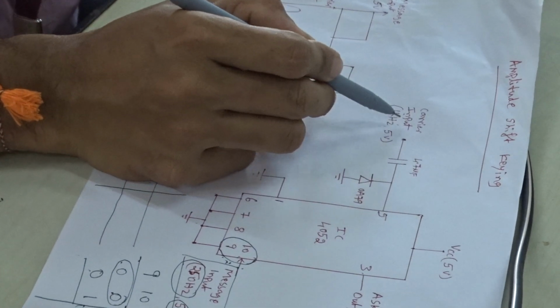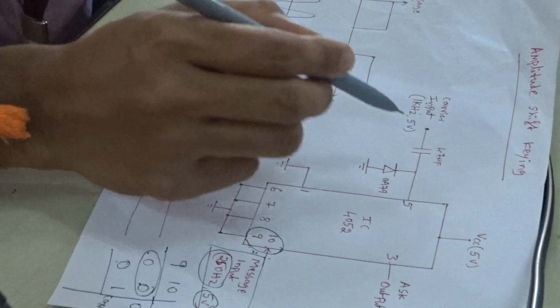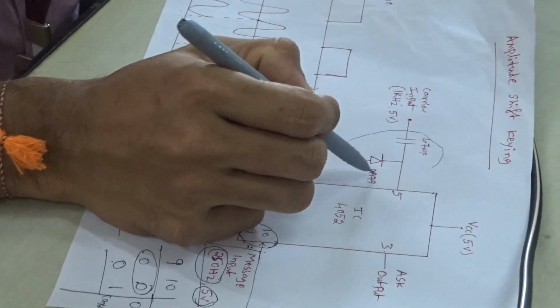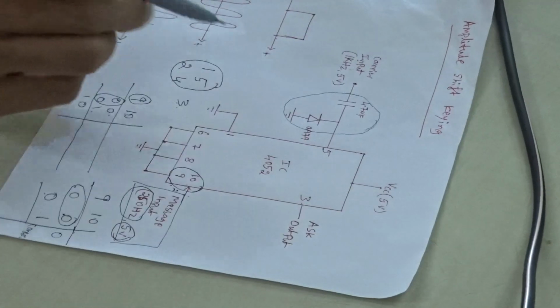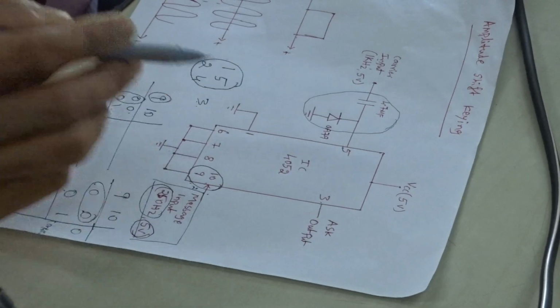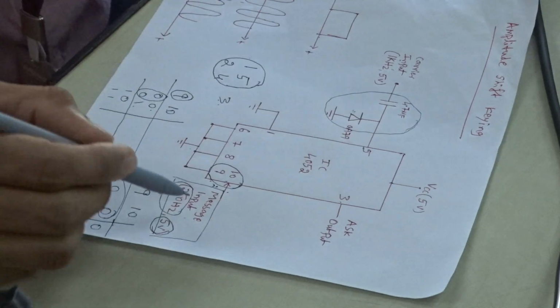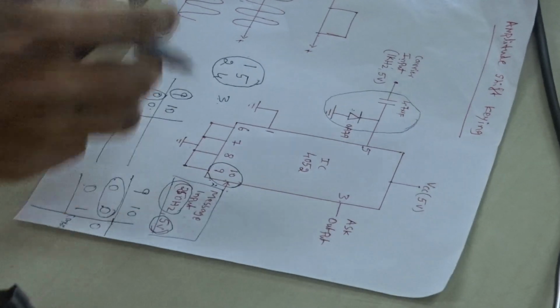Similarly, here we have to set the carrier input. The carrier input is a 1 kHz signal with 5 volt amplitude, and this part is the clamper circuit. Here the offset for the carrier is generated by this clamper circuit, while for the message input we apply the offset from the signal generator itself.